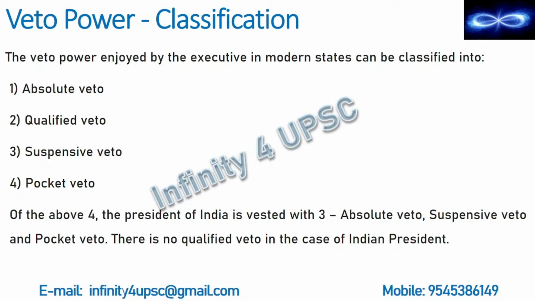But have we got all these 4 kinds of veto powers when it comes to the Indian President? No. The Indian President has got only 3 veto powers, that is absolute veto, suspensive veto, and pocket veto. Which is the one that we do not have? The Indian President doesn't have the qualified veto. Except this, all 3 veto powers are available with the Indian President: absolute, suspensive, and pocket.